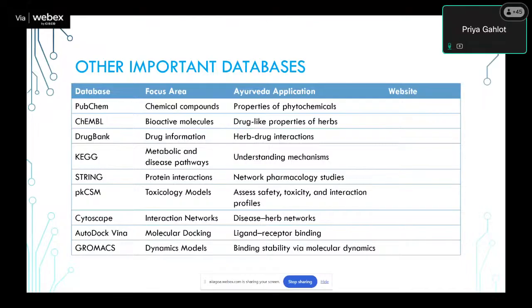You can provide the ligand and the particular protein to it, and then it will give you the binding affinity and the molecular docking results. GROMACS we use for molecular dynamic studies, for finding, when a particular ligand and receptor are binding, how good the binding is, like what the stability of that particular binding is in a particular simulation model.